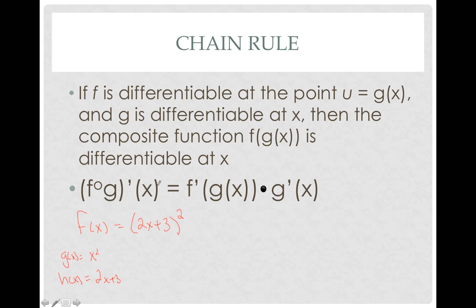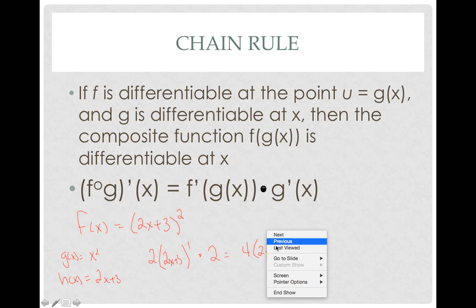And I could say, okay, it's the derivative of the outside function, so it's 2x to the first power, evaluated at the inside function, which is 2x plus 3, times the derivative of the inside function, which was 2, and that's how I got 4 times 2x plus 3. Or, let's think about the other one.